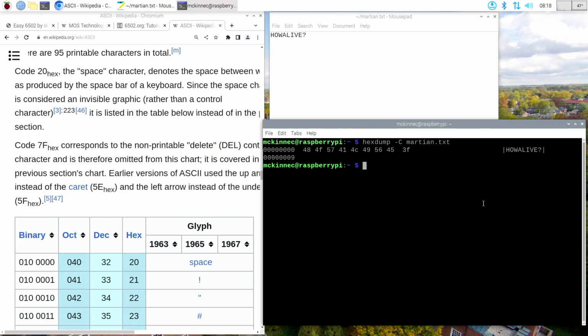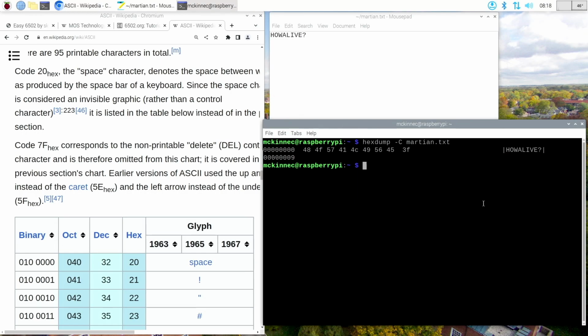He could have just had 0 through F, so 16 stakes, and he put in the 17th, which was the question mark, just for convenience, really. Okay, but let's pretend he didn't do that. So there it is encoded: 48, 4F, 57, 41, 4C, 49, 56, 45, and 3F. And that matches everything from the movie, well, except the question mark, right?